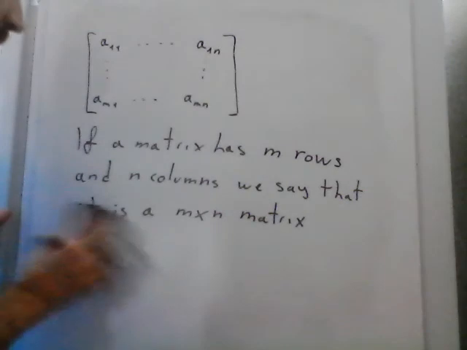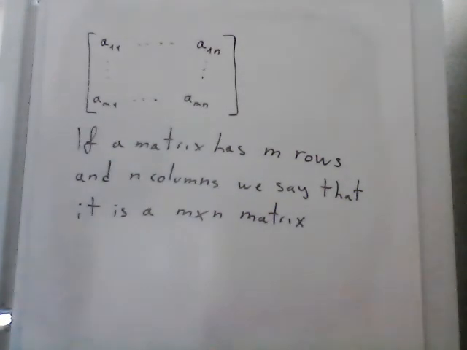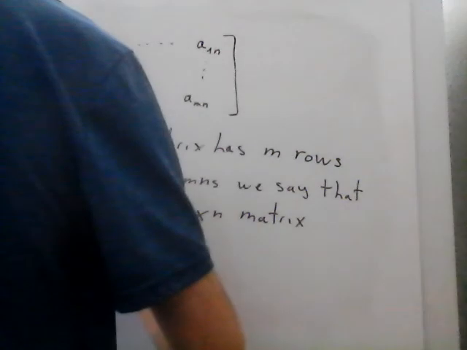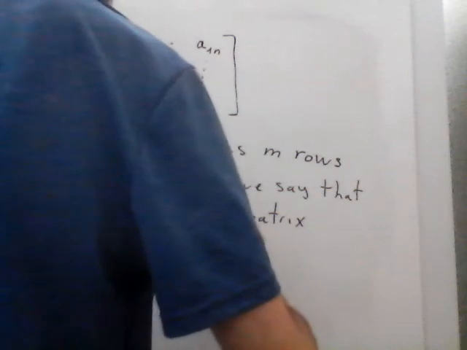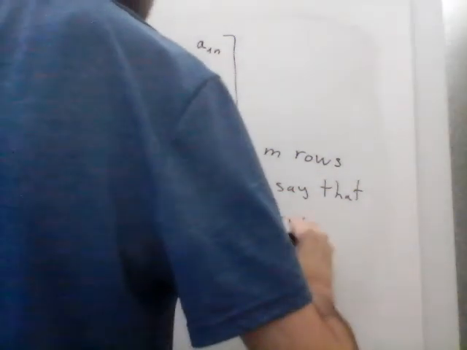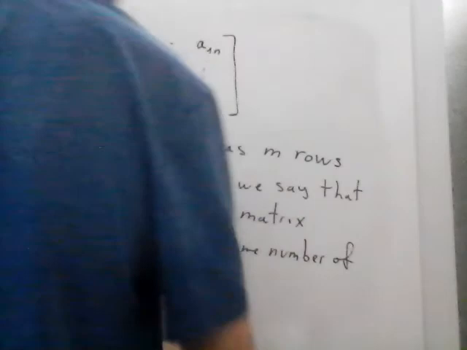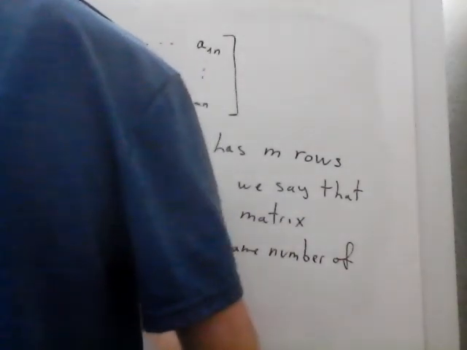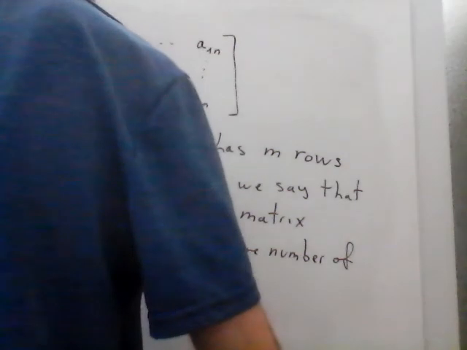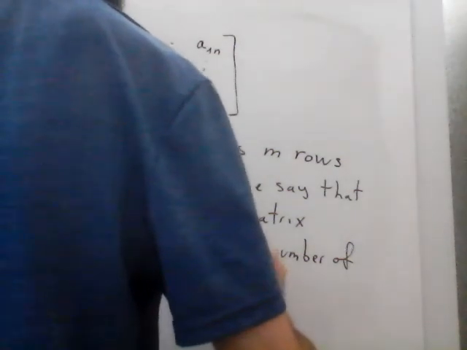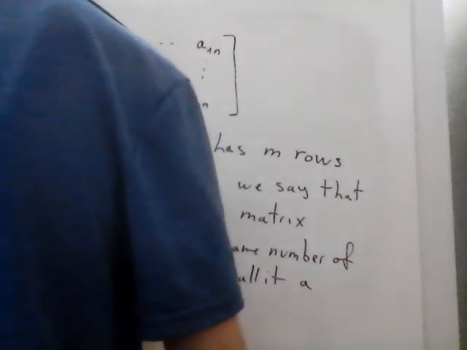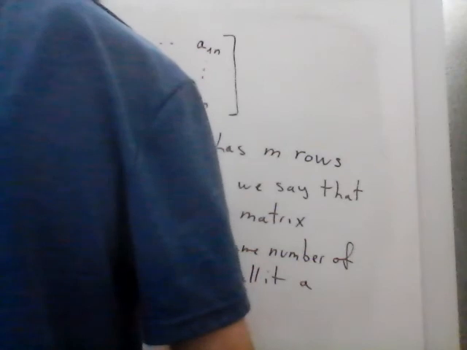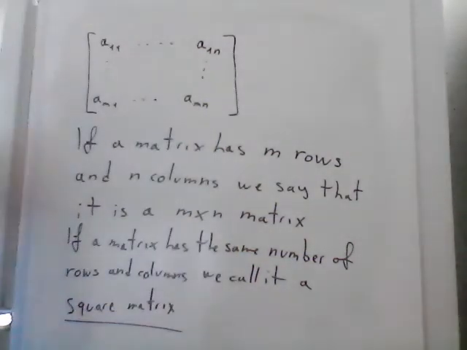In particular, if a matrix has the same number of rows and columns, we call it a square matrix, because it's exactly a square of real numbers.